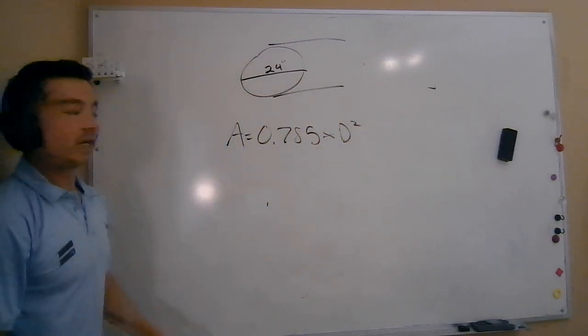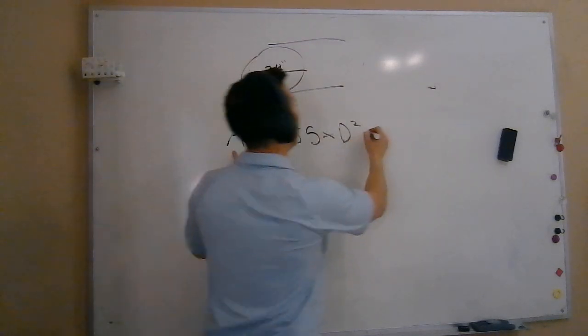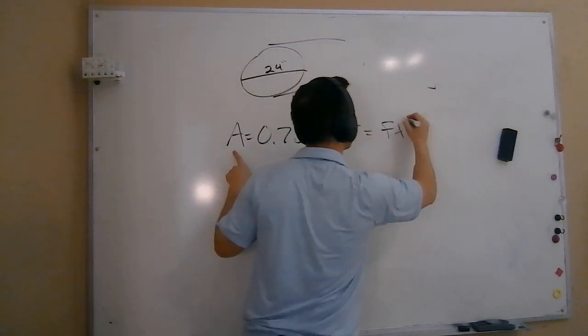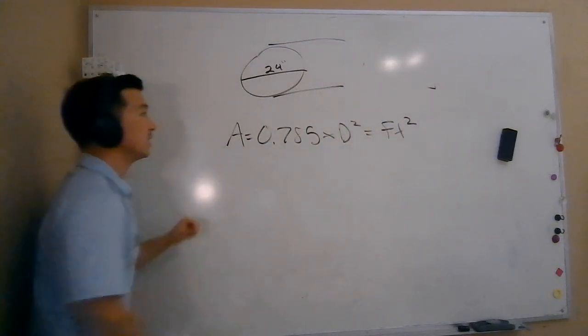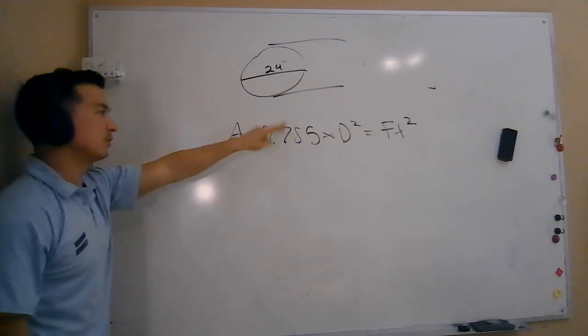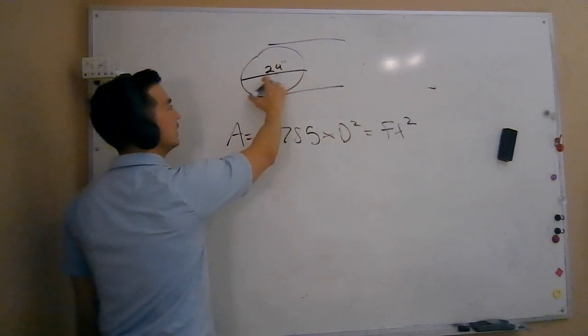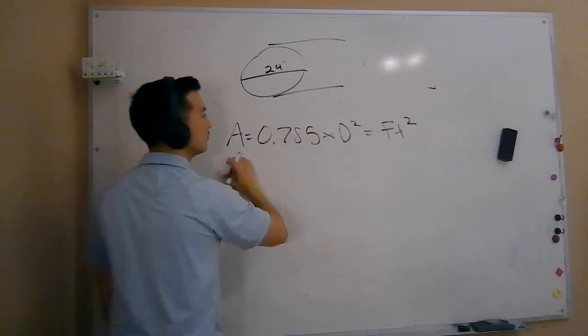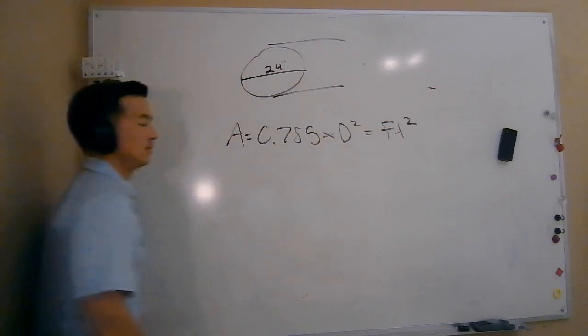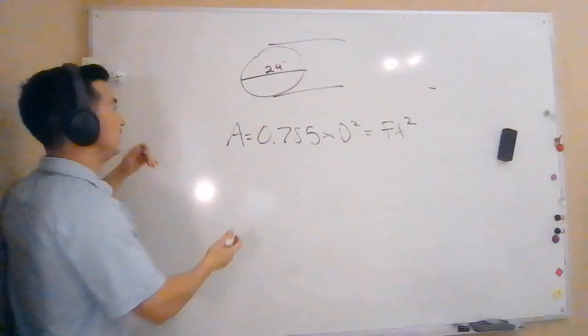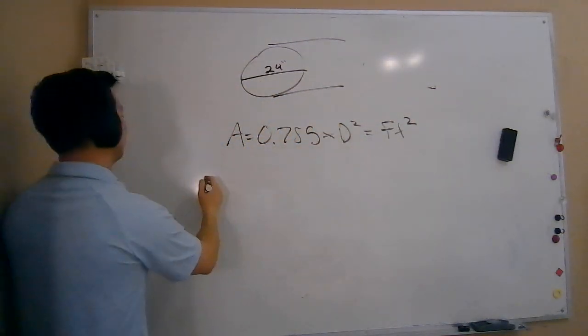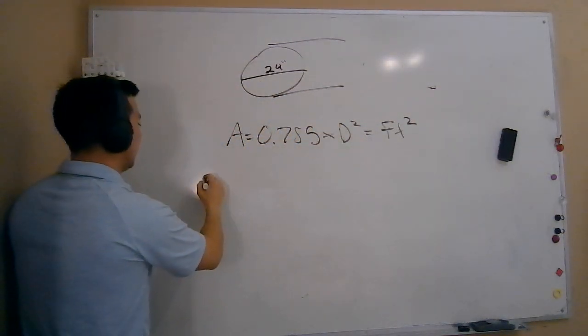When we calculate the area of a pipe, it's important that we want the area in terms of square feet. You're going to see this when we start calculating flow, reservoirs, and all that. We always want to be in terms of feet. So even though I'm given my diameter in inches, I want to make sure I plug it into this formula in terms of feet. So how do I go from inches to feet? This is an easy one because it's just two. But how do we do it for any measurement?